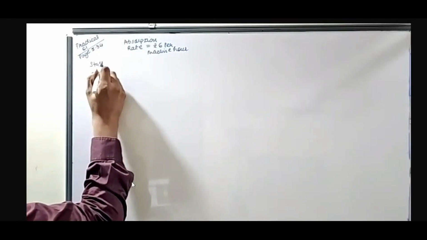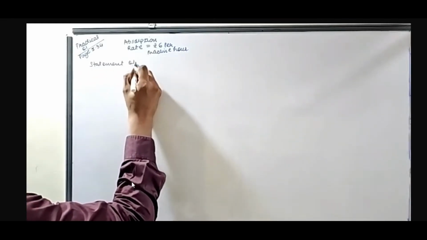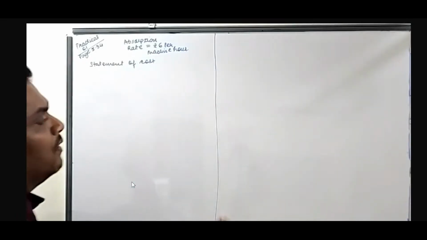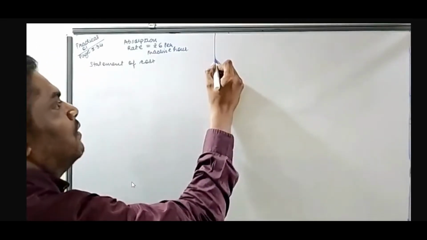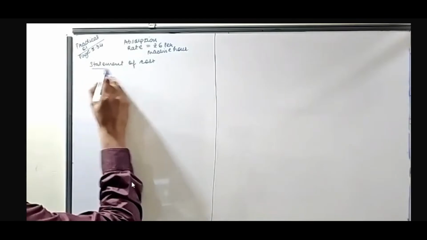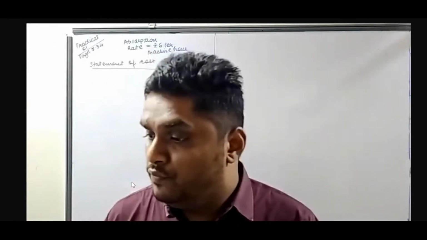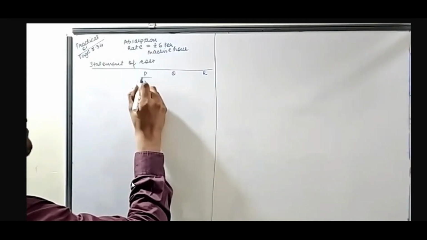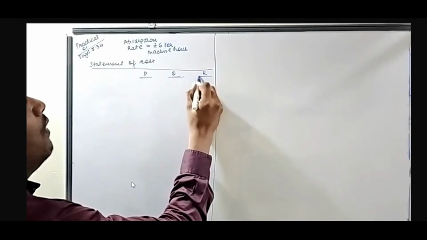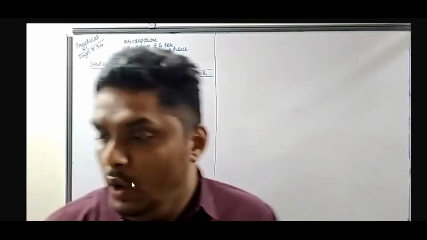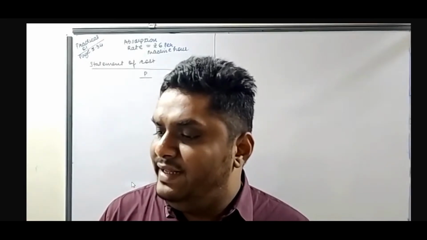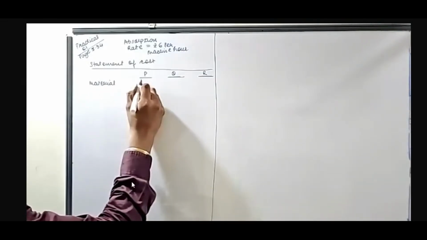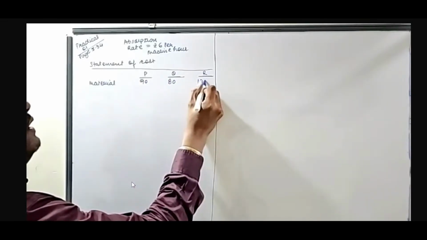Now, statement of cost for P, Q, and R. When talking about the material cost, it is given straight away: 90, 80, and 120.